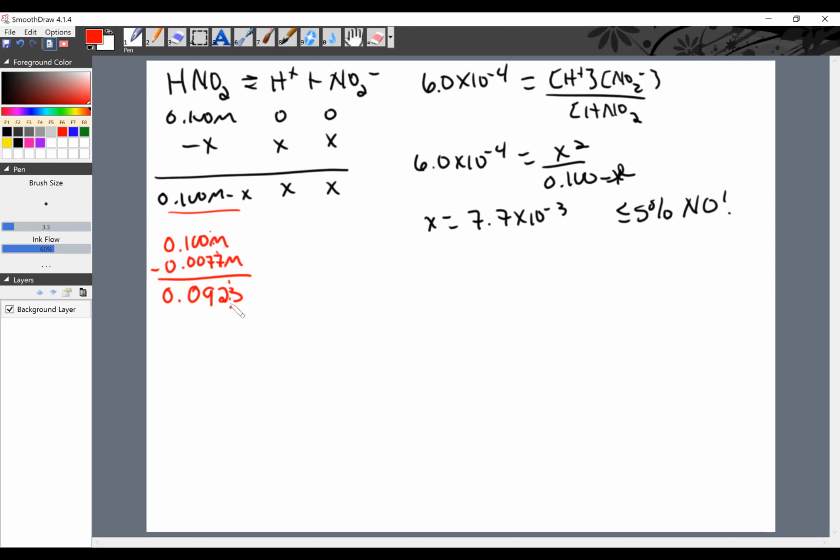Now, the reason that I did that is I'm now going to plug it in and see if that was a closer number. So again, I go back to the 6 times 10 to the minus fourth. That k value didn't change. And the x squared is fine. But instead of using the 0.1, I'm going to use the 0.092. I am going to ignore. And this x turns out to be, and I put -5 right there.